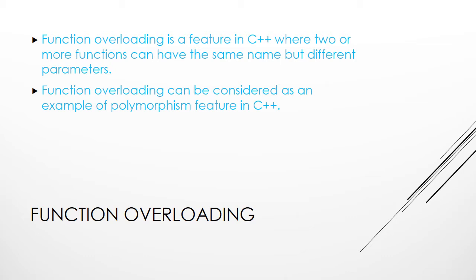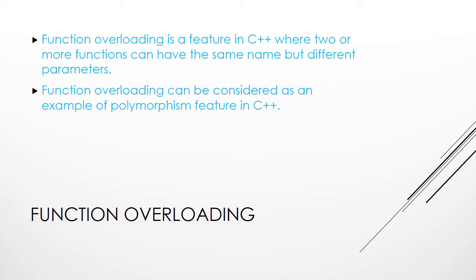Remember, we have defined a function sum in the last video. A function is defined using a data type, the function name and the parameters. In function overloading, the data type, that is the return type, and the function name will remain the same, but the parameters can be different.